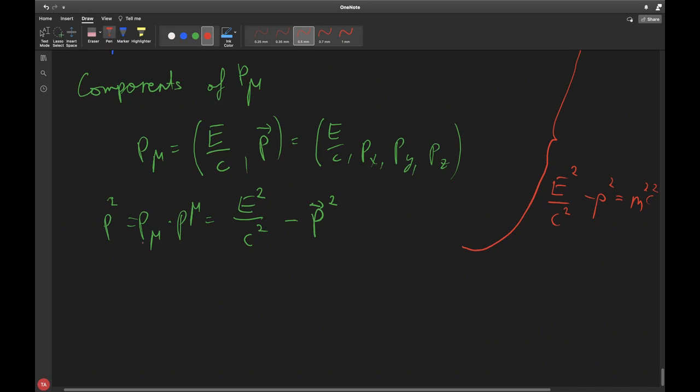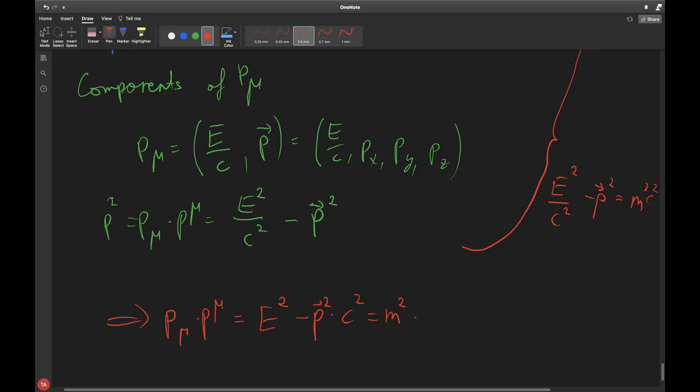From this, multiplying with c squared, we get that the energy is the same, or actually, no, wait a second. I could rewrite it saying that energy squared minus p squared times c squared, where p is a vector, equals m squared, as it was here.